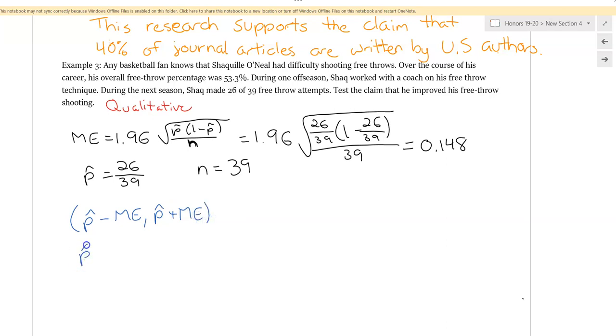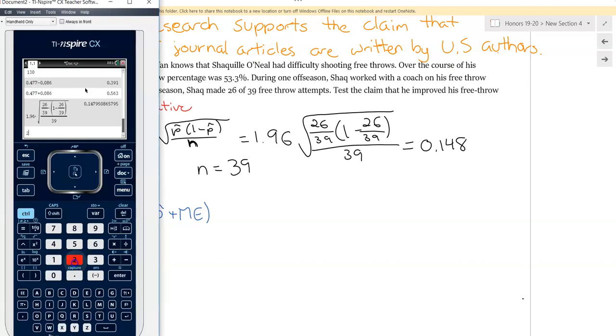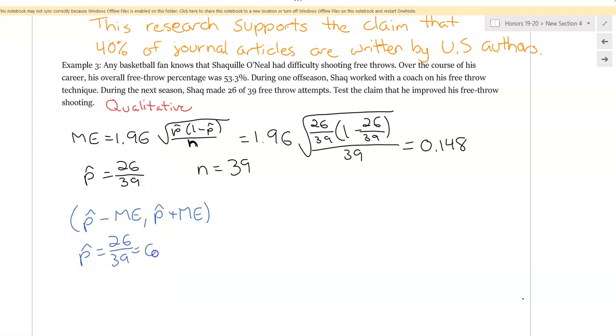So p hat is that 26 over 39, which as a decimal is 0.667. And then our margin of error, that was supposed to be an M, is 0.148. Okay.